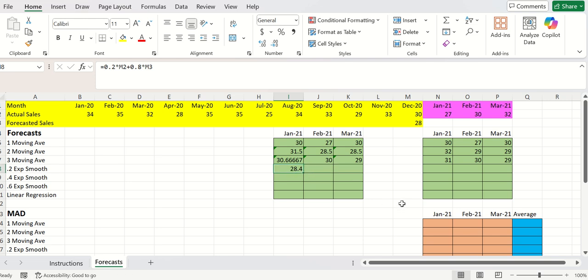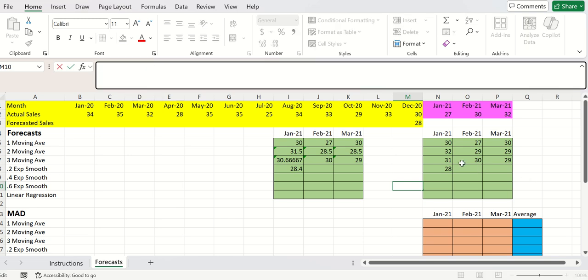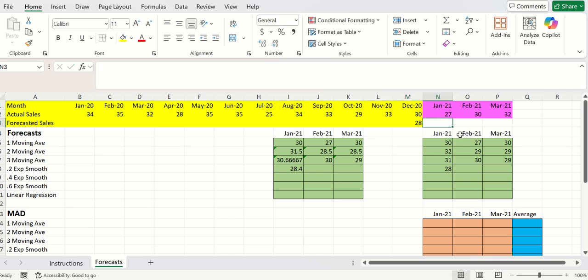I cannot extend that across, and the reason is I don't have a forecast in for these values, right? So once I have done this forecast for exponential smoothing, I'm going to write 28 here, which is my new forecast, correct? Now, since I have a new forecast, that would be up here.